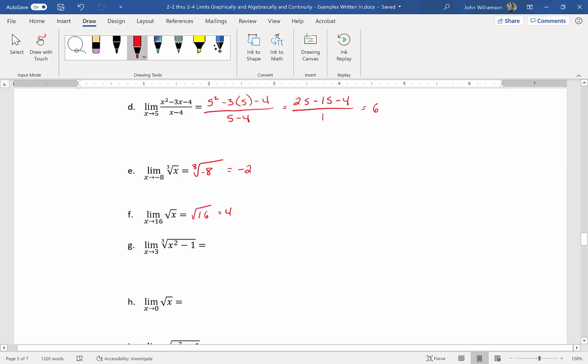For the next one, limit as x is approaching 3 of the cube root of x squared minus 1. So substitute 3 in, so this becomes the cube root of 3 squared minus 1. So that's the cube root of 9 minus 1, which is the cube root of 8, which we know is 2.